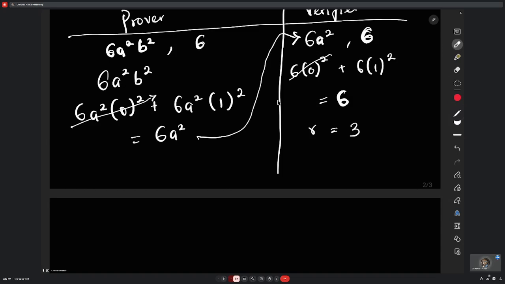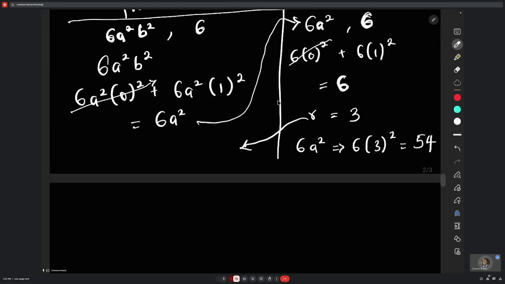The verifier now needs to get the claimed sum for the next round by evaluating 6a squared at a equal to 3. This is 54, right? So the verifier sends this random challenge back to the prover. Are we following?